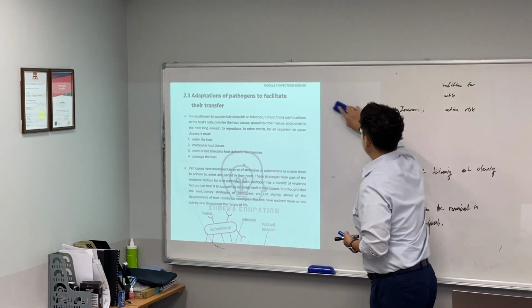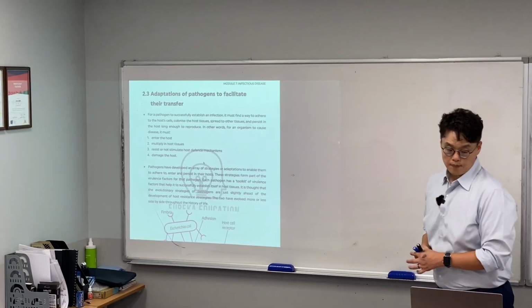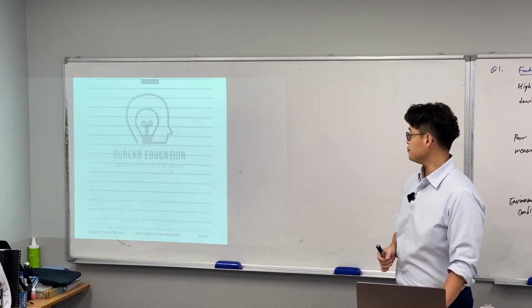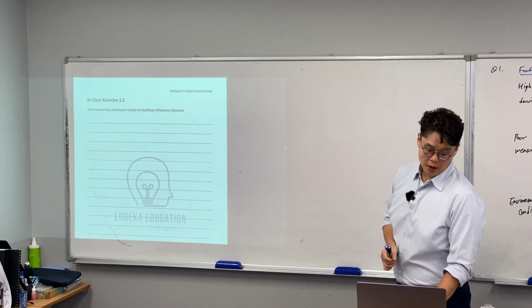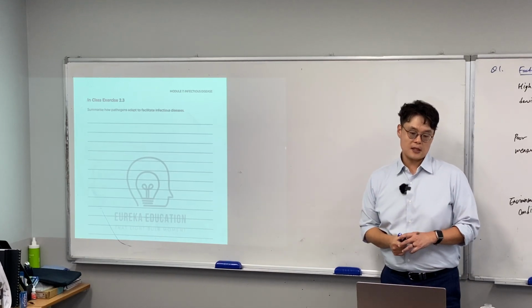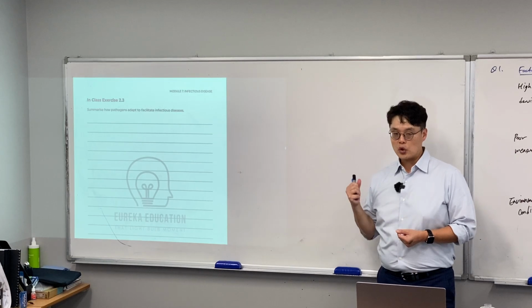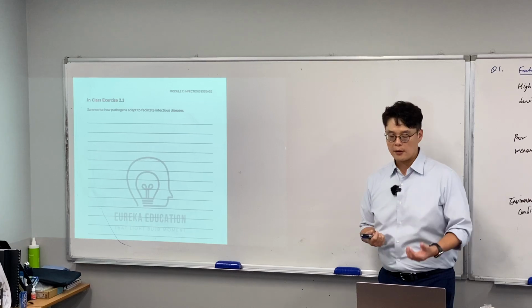I give you a lot more detail in the workbook, but what I'll do here is answer the question on pretty much the last page. Page 73. I give you a summary of how pathogens can adapt to facilitate infectious diseases. If you have a depth study to do, use my workbook ideas, I can write a demo, making a better answer.